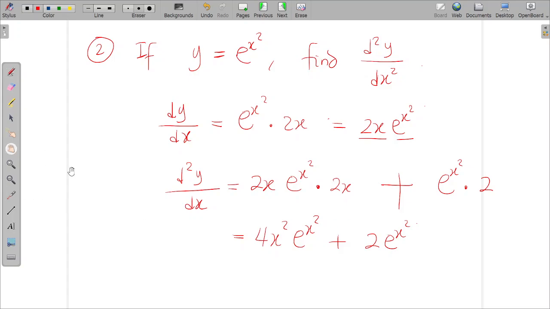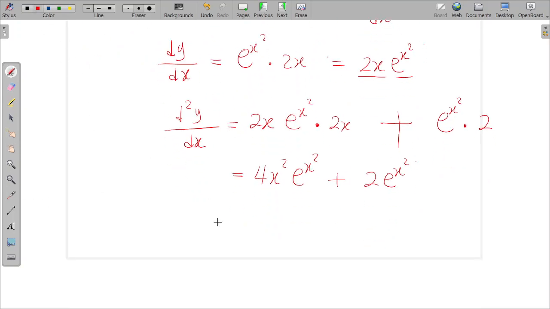Okay, all right, you can factorize out that e^(x²). Then we have 4x² plus 2. Okay, that is it. Please ensure that you understand how to go about it or how we have done it.